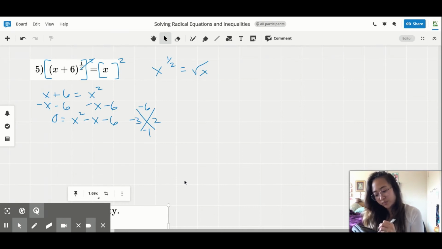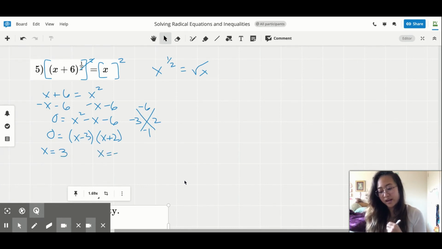So 0 equals x minus 3 times x plus 2. From there, we have two solutions. X equals 3, cutting corners a little bit here, and x equals negative 2. So we got to test whether we get any extraneous solutions from either of them.